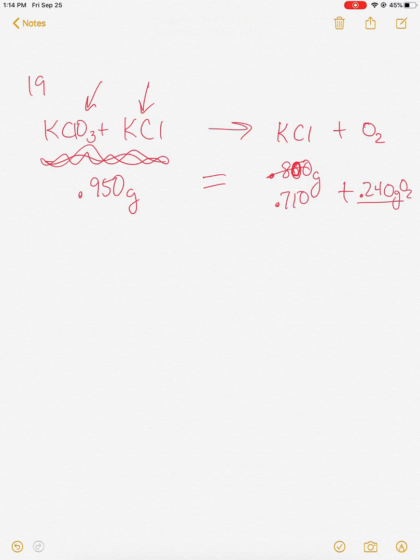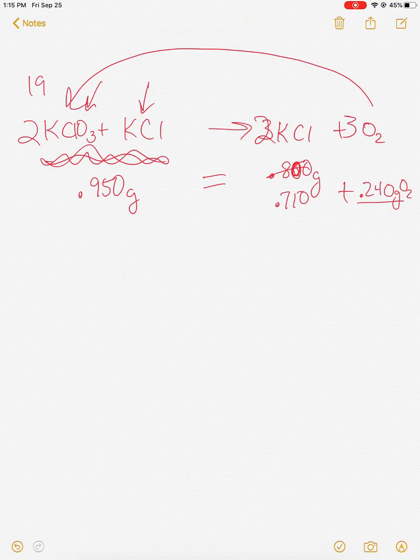Okay, now we need to balance this. So we've got a 2 here and a 3 there. Whoops, 2 there and a 3 there. Okay. So all of the oxygen came from the KClO3.